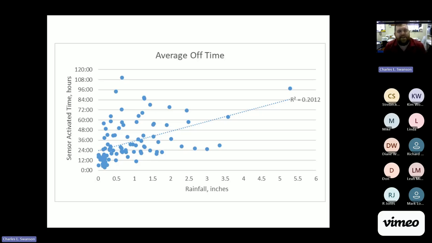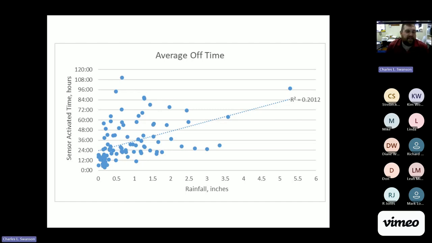This graph tells us at the bottom how much rainfall occurred on any given storm event and how many hours the sensor triggered for. There's really not a big pattern here. When we try to do some analysis, we can see there's really not a very good correlation in these dots, except for down here in the very bottom left corner. So it's kind of random.